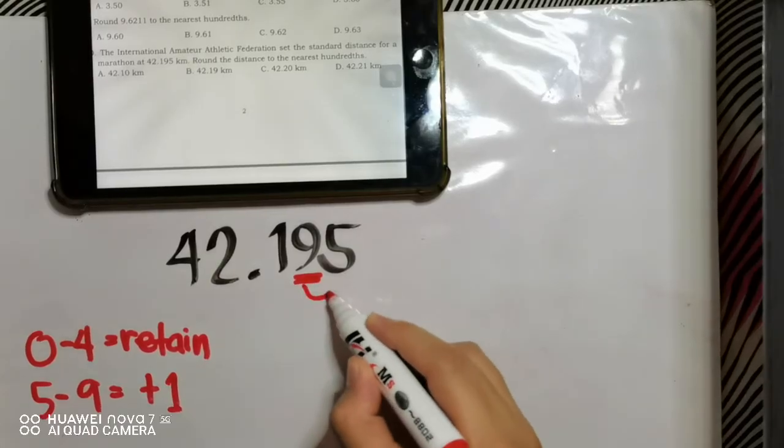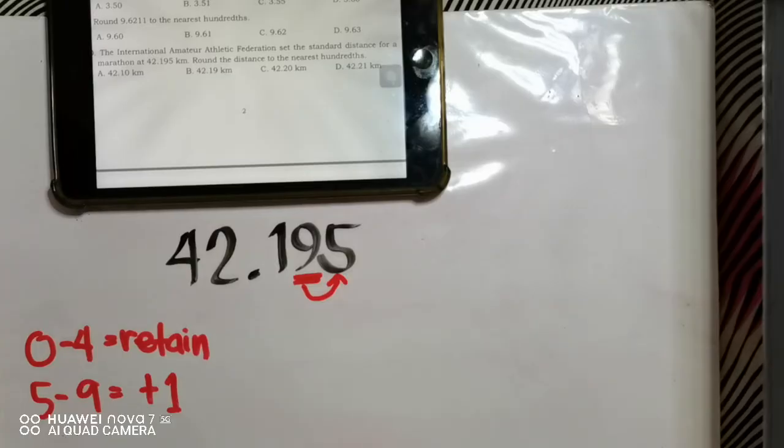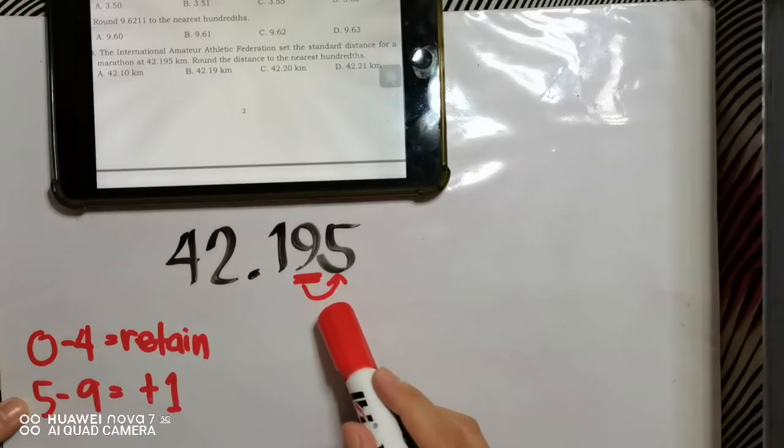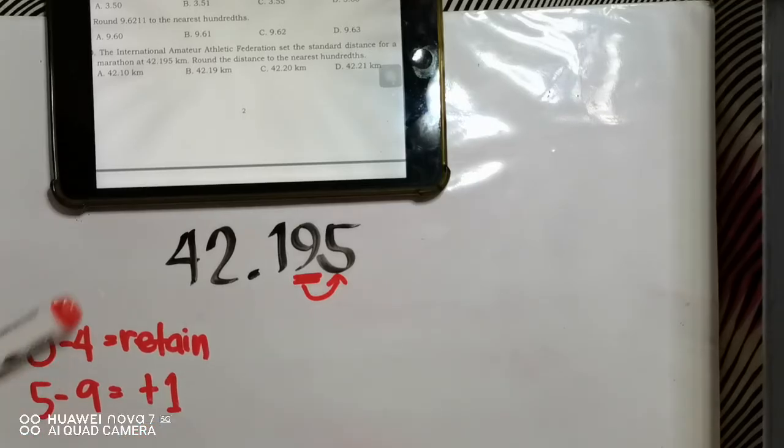Tingnan mo yung nasa kanan niya. Okay? We can see that the number written there is 5. So, anong rule? Rule number 1 ba? Or rule number 2, 5 to 9. So, the answer is rule number 2. Kasi, ang katabi niya ay 5. Ayun o, 5 to 9 daw. Kapag ang katabi ay 5 to 9, plus 1 doon sa number na ira-round. So, ano yun? Let's try.